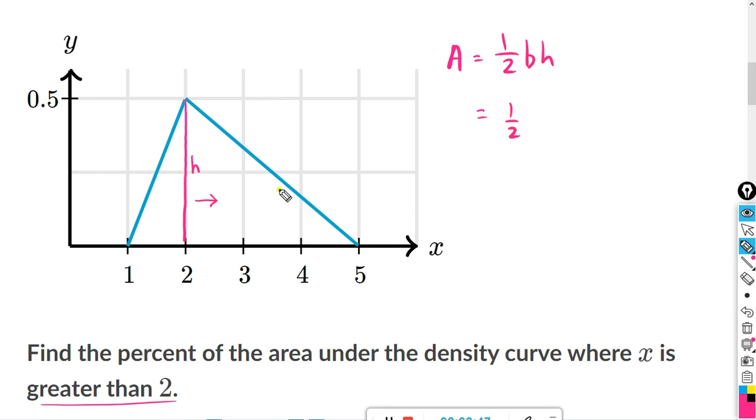The base of just this triangle runs from 2 to 5. 5 minus 2 is just 3. So the base is 3. And the height h is right here. It runs from 0 to 0.5.